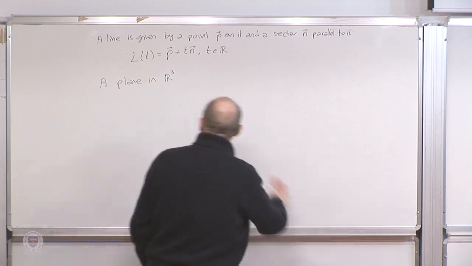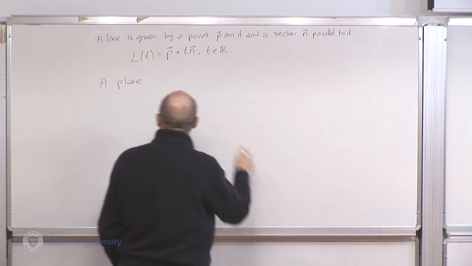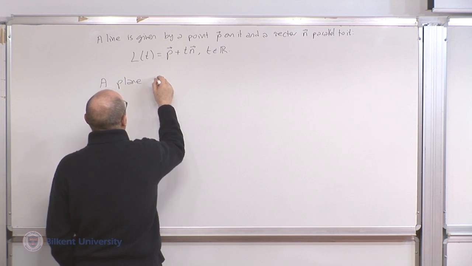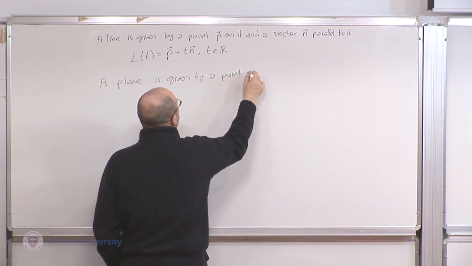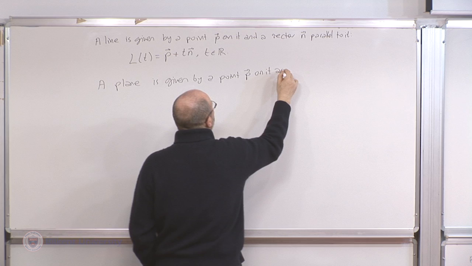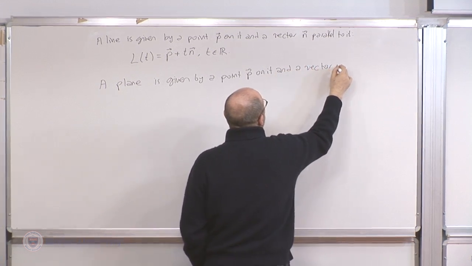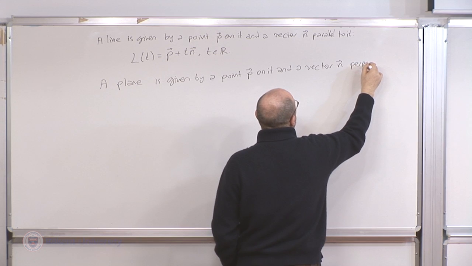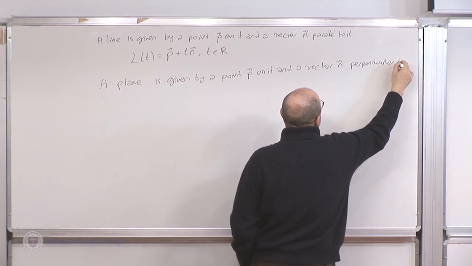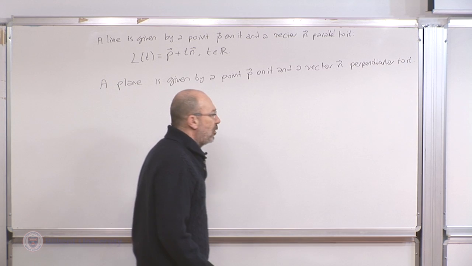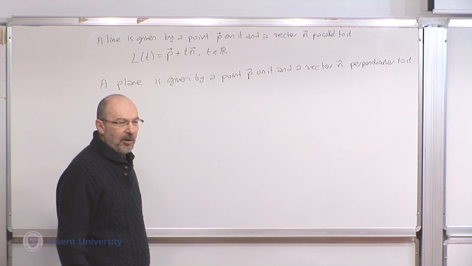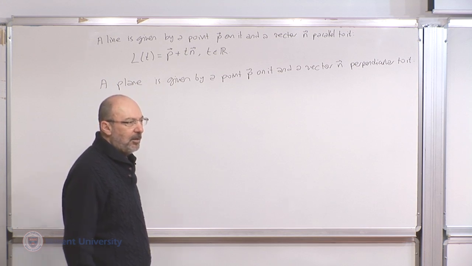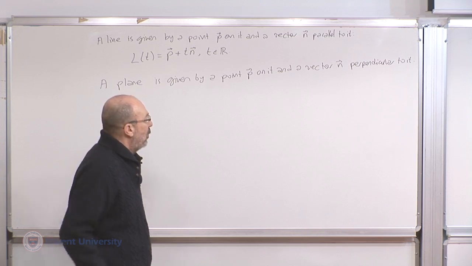So let me just say a plane is given by a point P on it and a vector N perpendicular to it. For both of them we need a vector, but in one of them, if we know that the vector is parallel to the line, then we are done. In the other one, an easy way is to find a vector which is perpendicular to it.